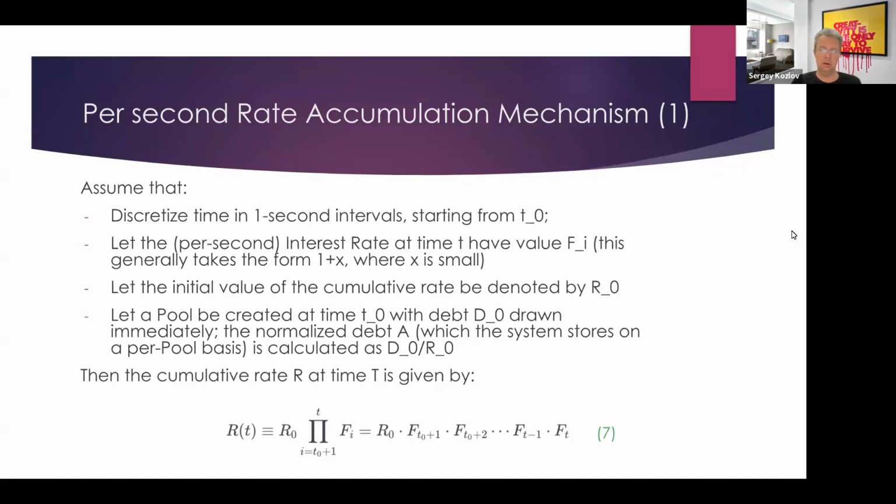That's the rate, and this rate is changed every time you interact with the smart contracts. You may change the interest rate, you may add something, you may withdraw some liquidity, but every time we have one rate for all deposits, and all deposits are kept in the smart contract normalized, meaning that that's the amount which would have been at the beginning of the time the smart contract started accepting deposits. So it's T0, time in the past.